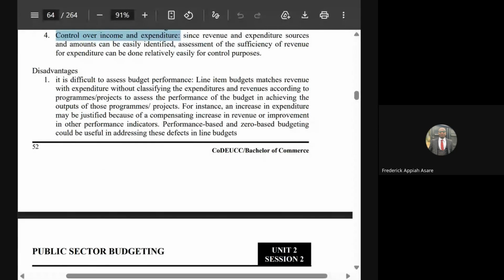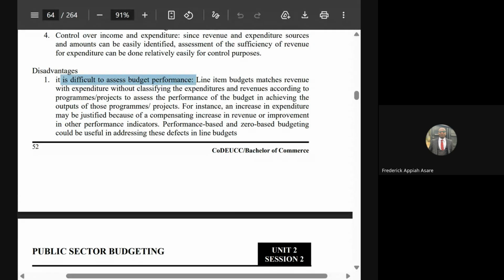Now let's look at the disadvantages. It is difficult to assess budget performance. You can't assess budget performance because you didn't put them under programs. You didn't put them under any projects.